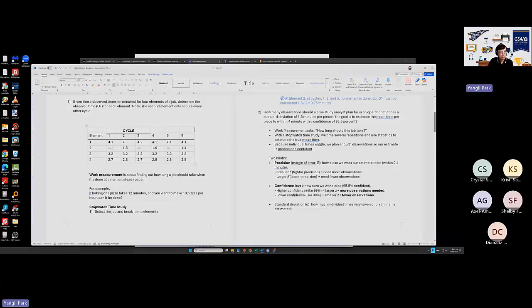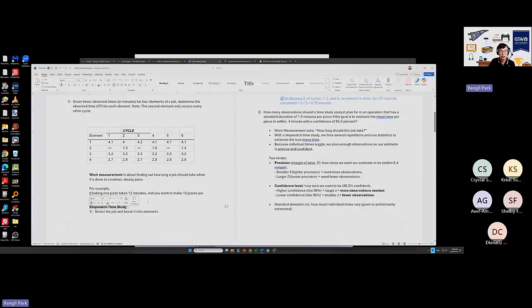But a couple are missing here, like element 3, cycle 1, and element 2, actually missing 3 places. So we need to watch out for that. Otherwise it's pretty straightforward in terms of the number of minutes taken to finish that particular element. Basically this is just the recorded, what they call, stopwatch time.